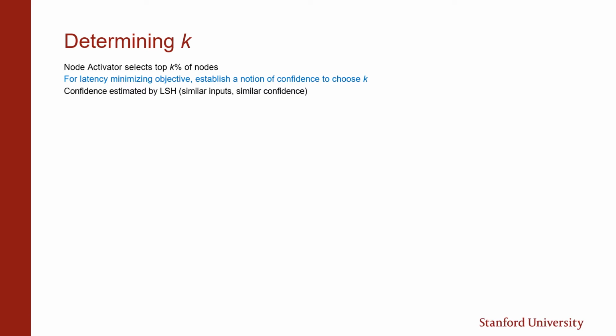For minimizing latency given an accuracy constraint, we use confidence to determine K, where we minimize K such that we're still confident that the inference will be accurate enough to meet the accuracy SLO. Confidence is estimated again by locality-sensitive hash, where we exploit the insight that similar inputs exhibit similar confidences.